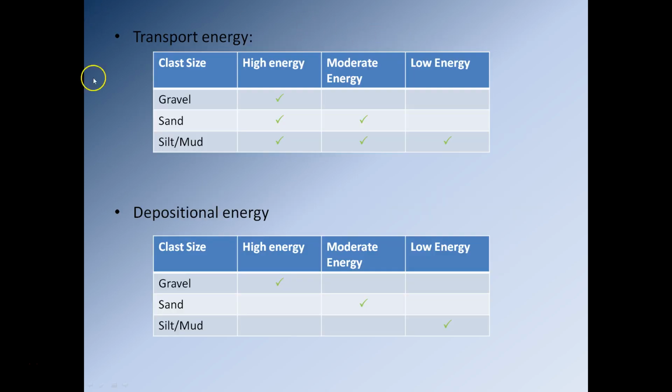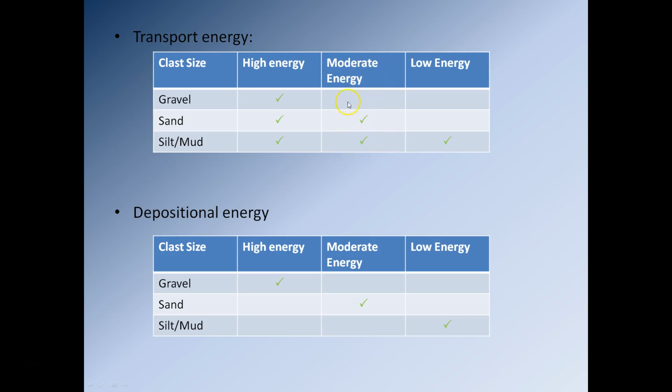These two diagrams here are just to discuss the transportation energy and the depositional energy. In terms of transporting a sediment, in a high energy environment like a really fast flowing mountain river, obviously you can transport a large range of clast sizes, everything from gravels all the way down to silts and muds. So we would expect that to be reflected in the sediment. Moderate energy environments like rivers would typically only be able to transport sands, silts and muds.